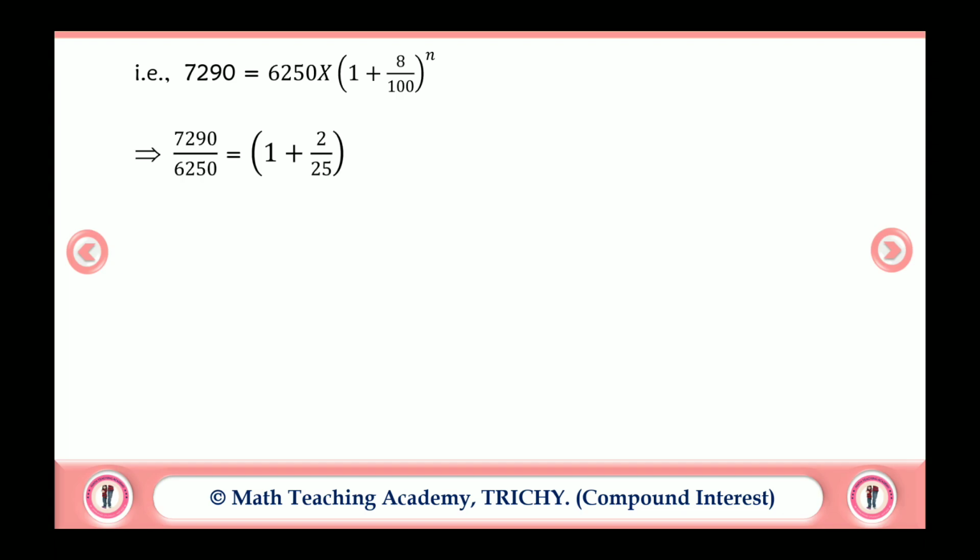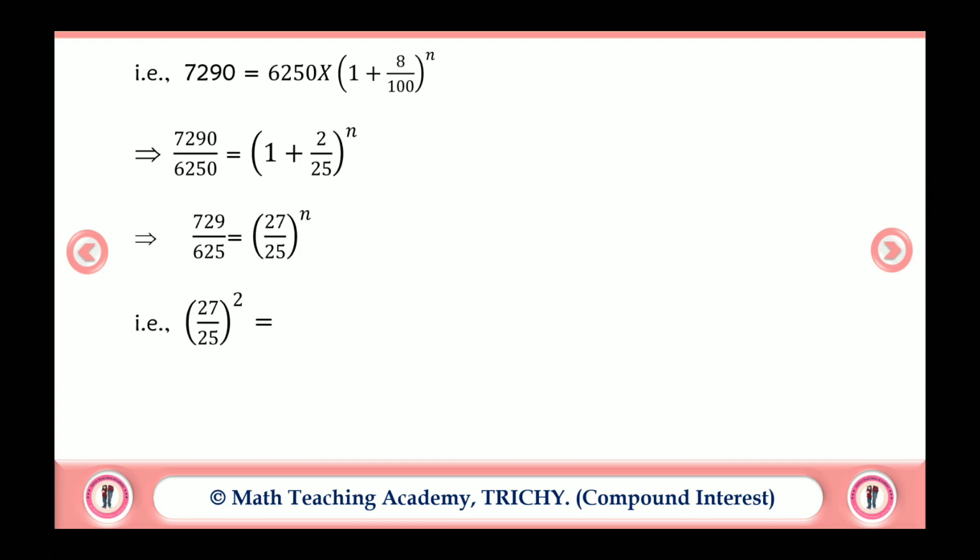So which implies 7,290 divided by 6,250 is equal to 1 plus 2 by 25, because 2 4s are 8, 25 4s are 100. So which implies 729 divided by 625 is equal to, take LCM as 25. So what you will get is (25 plus 2) divided by 25, it will become 27. So (27 by 25) whole power n.